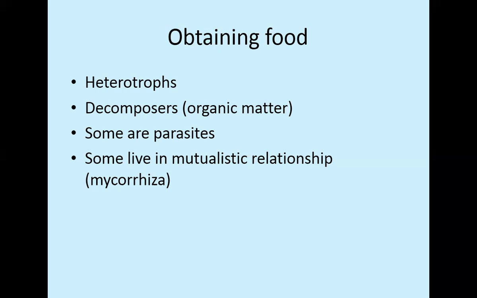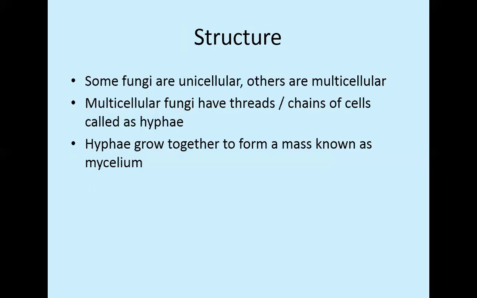This is a mutually beneficial relationship. The fungi help in increasing the absorptive surface area for the roots, and in turn, plants provide them with essential substances, and therefore they can obtain their nutrients from the plant. So this is a mutualistic relationship which is mutually beneficial both for the plants as well as for the fungi. So fungi obtain food through different mechanisms.